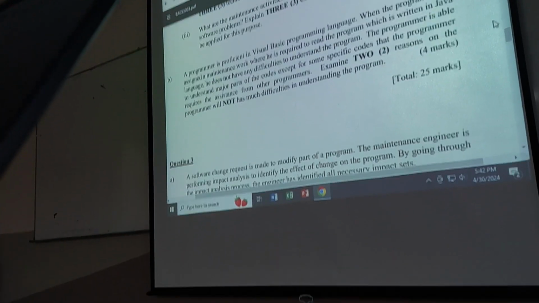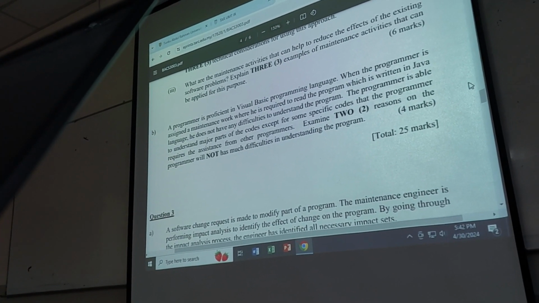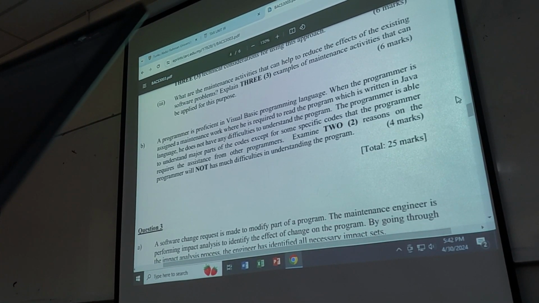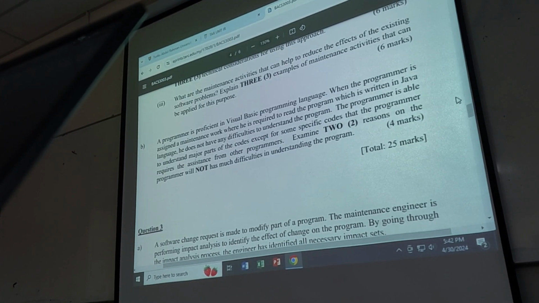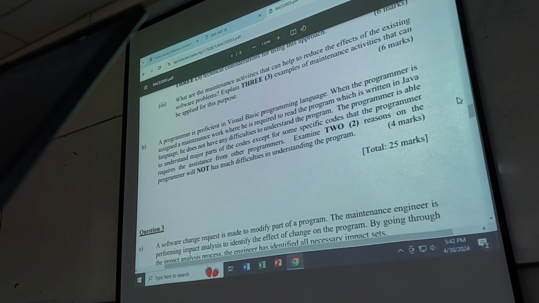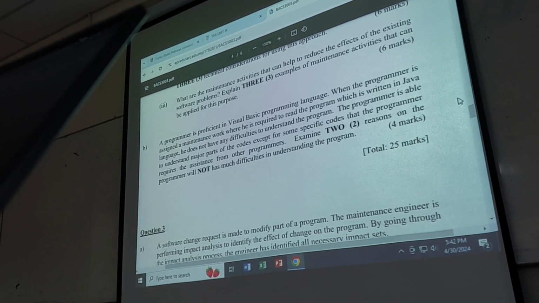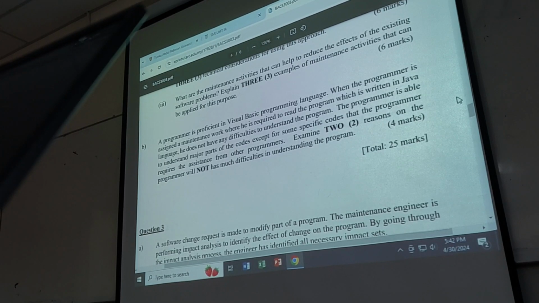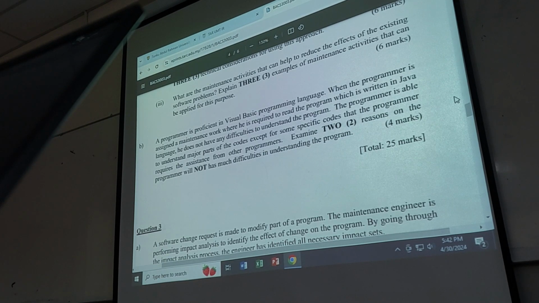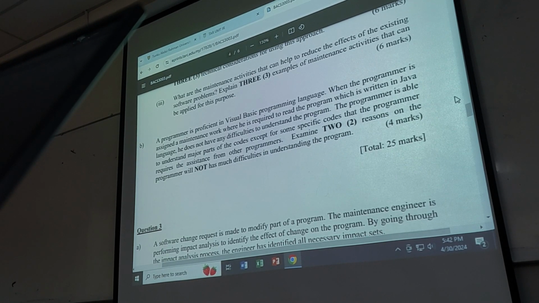The programmer is able to understand the major part of the code except for some specific code that requires assistance from other programmers. Give two reasons why the programmer does not have much difficulty understanding the program, even though the program is written in Java and the programmer is proficient in Visual Basic. The code is well structured.